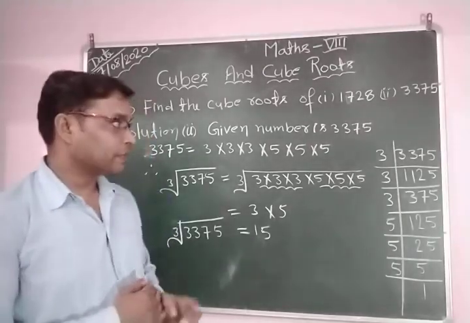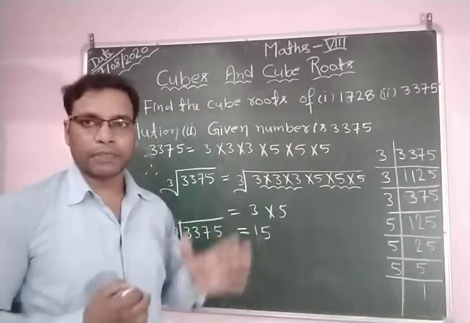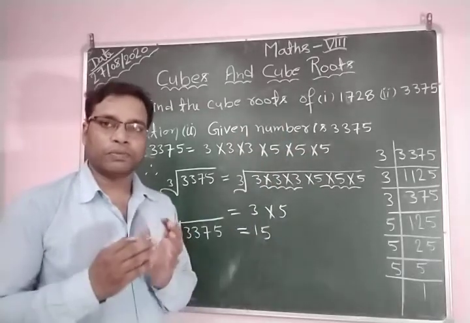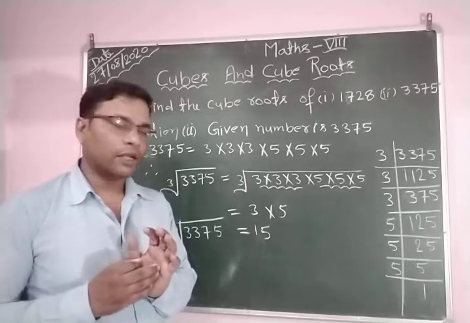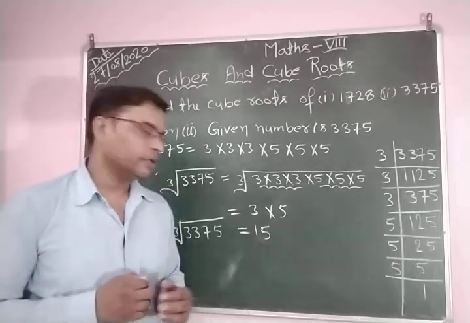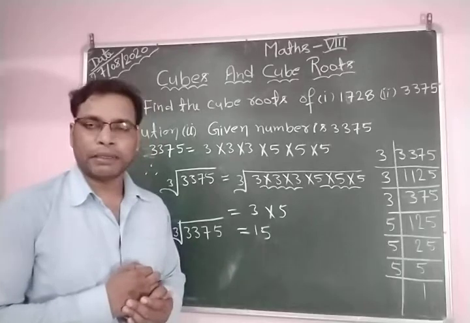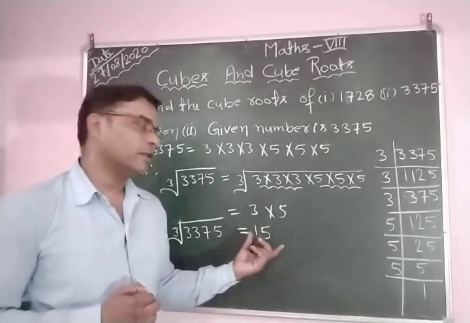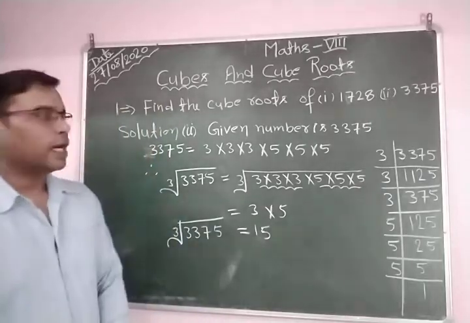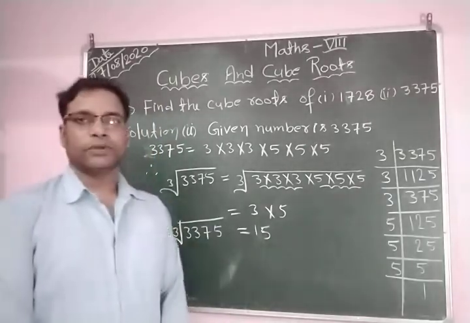First we find the prime factors of the given number. After this we make groups of triplets of equal prime numbers. And last we take one prime number from each group. Then this is the cube root. Okay, so students, I hope all of you understood these questions.